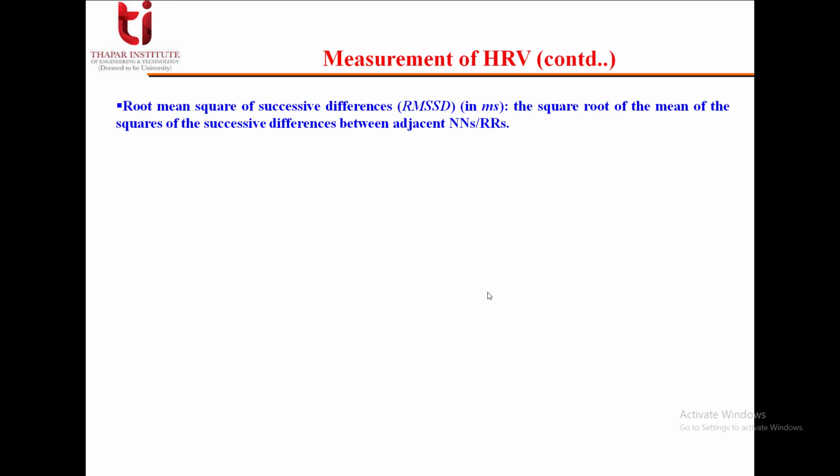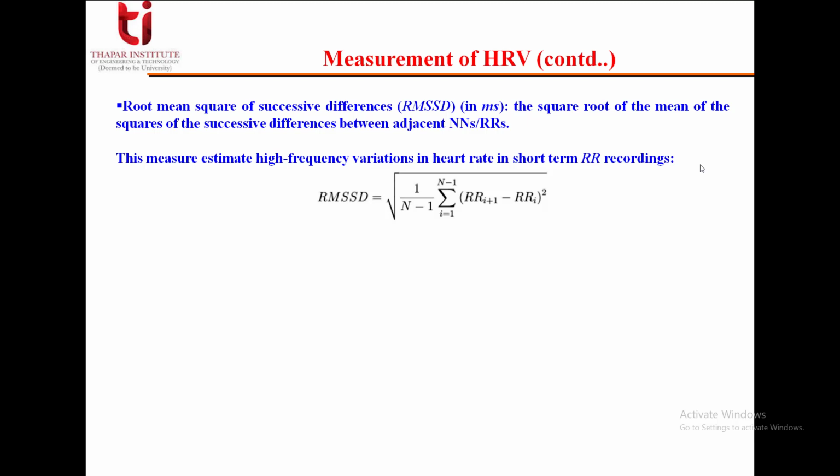Now the next parameter is the root mean square of successive differences, that is RMSSD. Again it will be measured in millisecond, and it is the square root of the mean of the squares of the successive differences between adjacent RR or NN intervals, and this measure estimates high frequency variations in heart rate in short-term RR recordings.